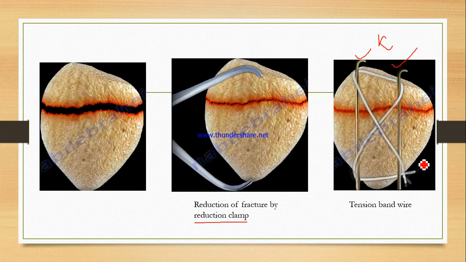They are very commonly used in orthopedics. So the two pins are inserted, and you see this is a figure 8. This figure 8 tension band wire is applied for compression.